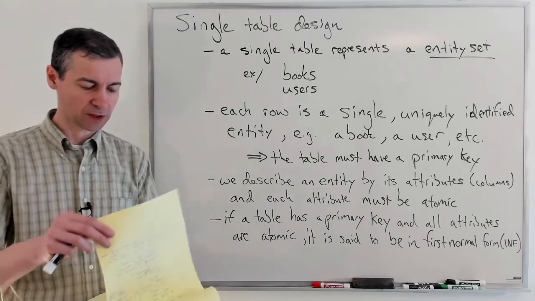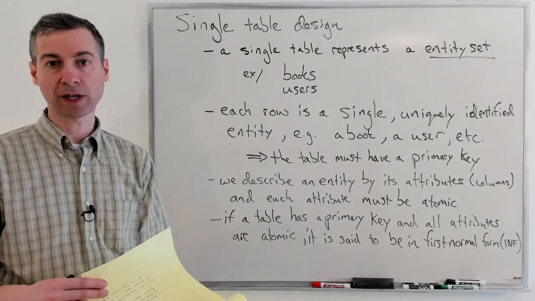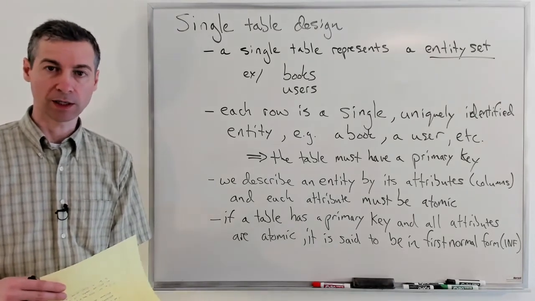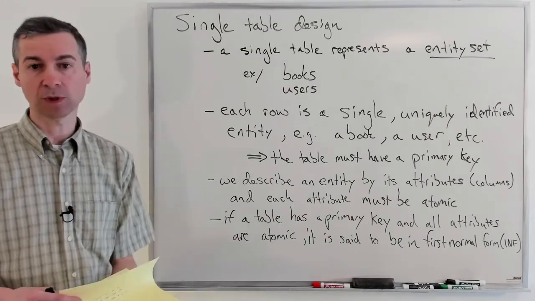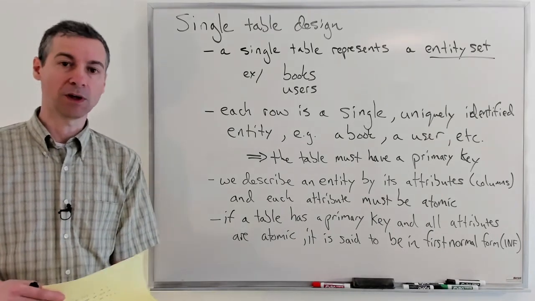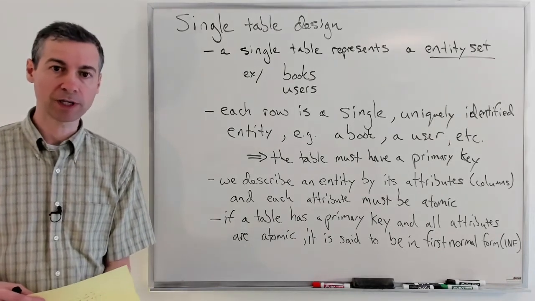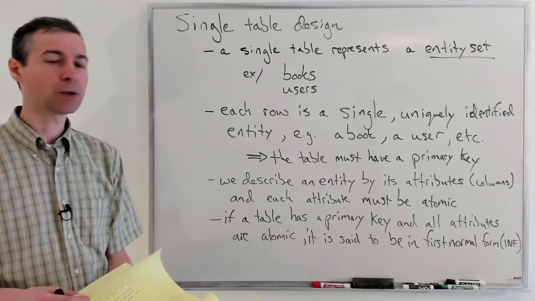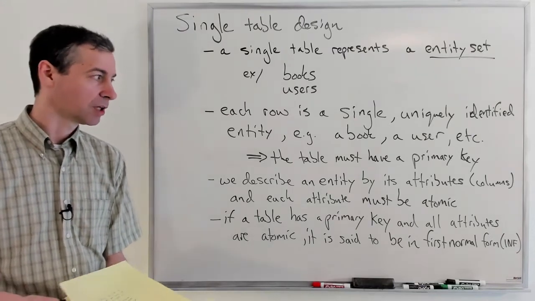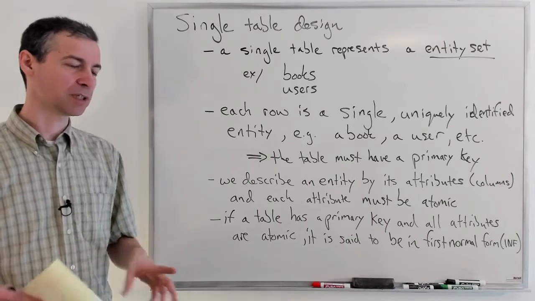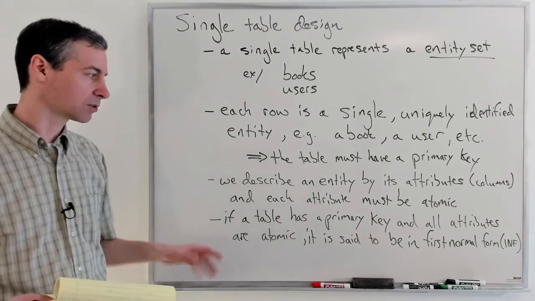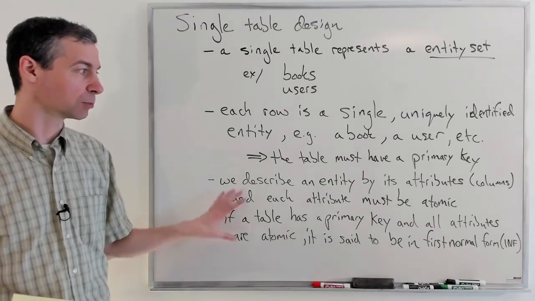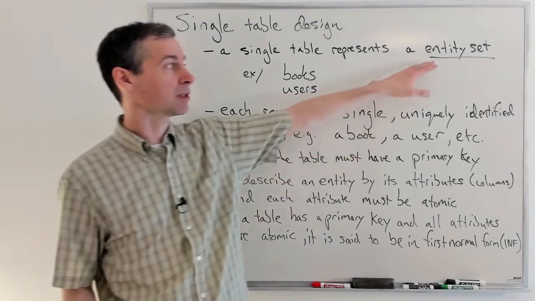We will have another thing. We are learning about entity relationship modeling. Relationships will also have tables. They'll also have primary keys. They may or may not have attributes. So again, they'll have to satisfy these criteria to be in first normal form, but we won't call them entity sets.